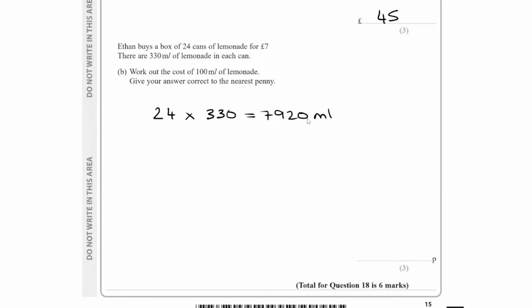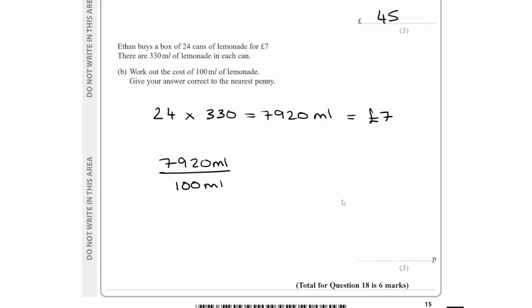So that's my total number of millilitres of lemonade I've got, and we know that the total cost of that was £7, wasn't it? Now I want to know per 100 millilitres. So I need to know how many 100 millilitres I have. So I think I'd probably divide my total millilitres by 100 millilitres.